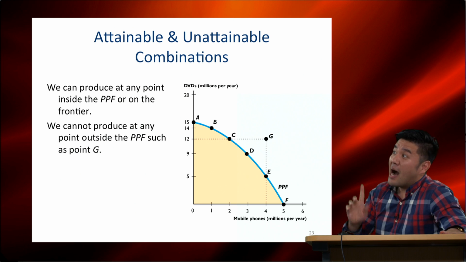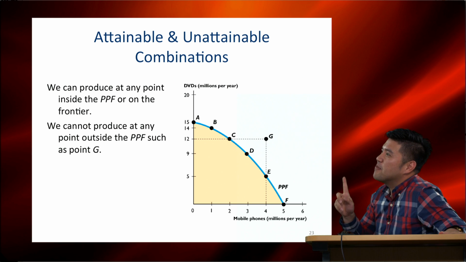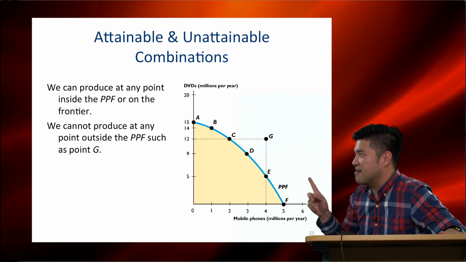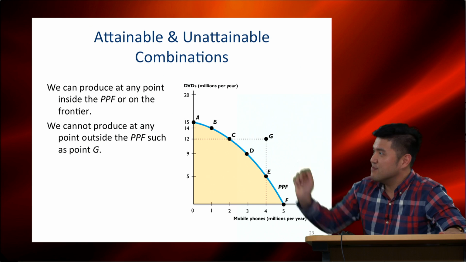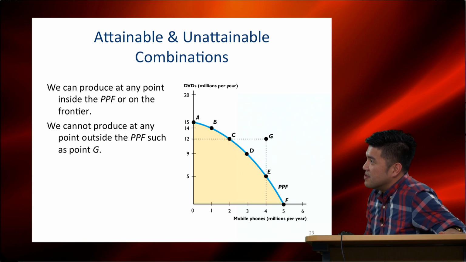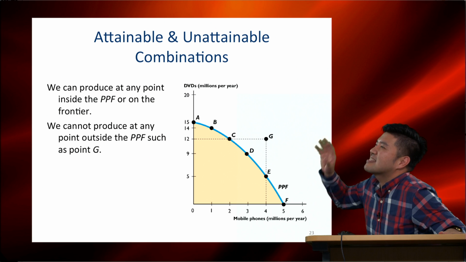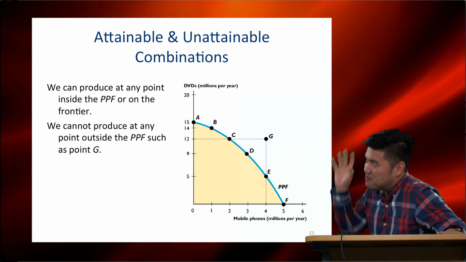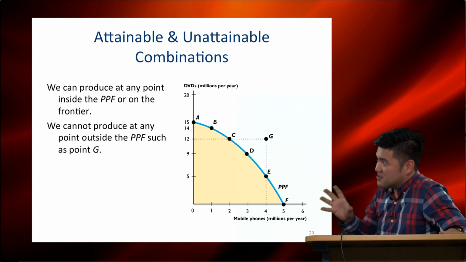But we cannot produce at any point outside the PPF, such as point G. So what I'm saying here is that A, B, C, D, E, F are attainable combinations of points to produce given the resources that we have.